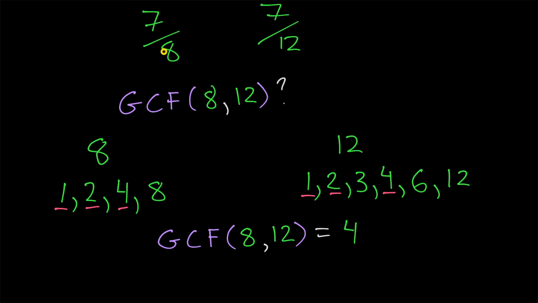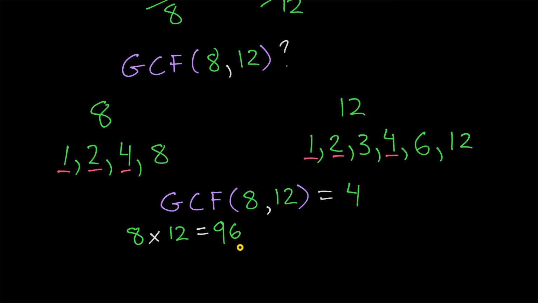So if you want to find a common denominator here, you just have to multiply the denominators together, 8 times 12, which is equal to 96. However, this is not your lowest common denominator or your least common denominator.